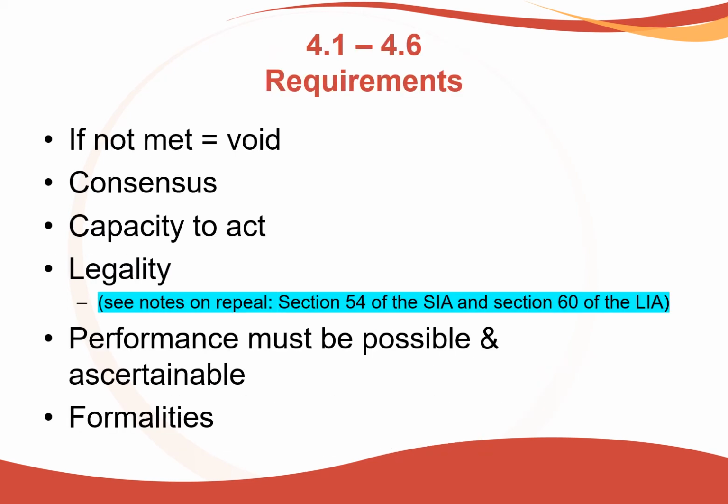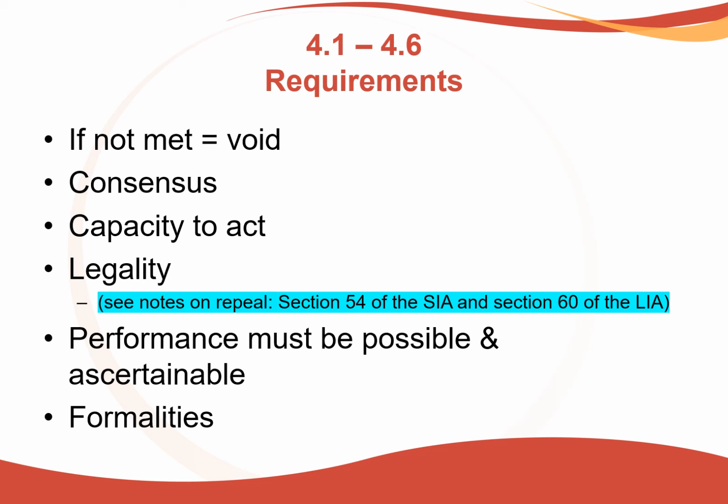So what is important to remember is, if one of the essentials of an insurance contract is not present, then it's no longer an insurance contract, but it may be another type of valid contract if the validity requirements are met. However, if the validity requirements of a contract are not met, that contract is no longer in existence.